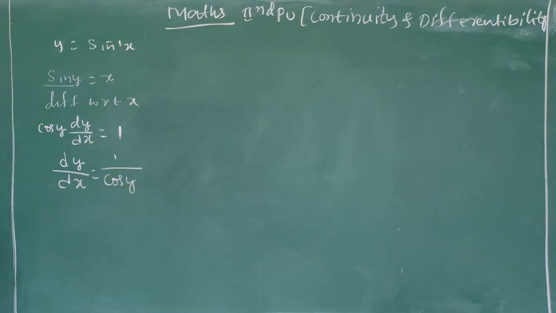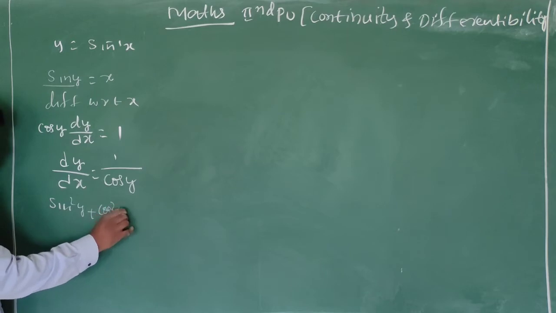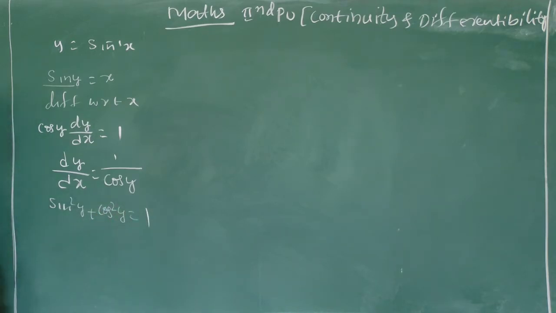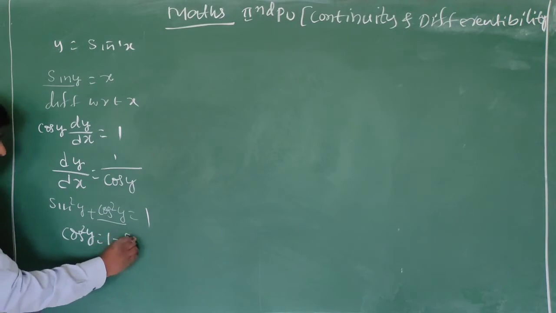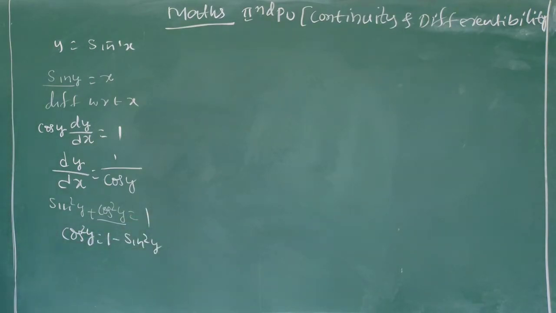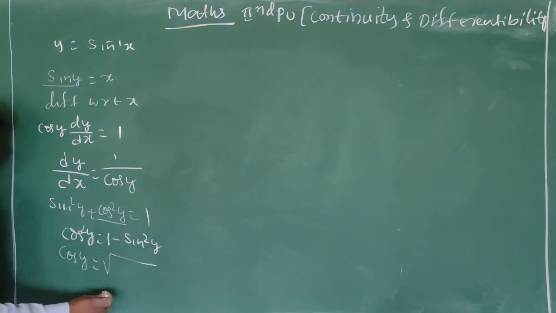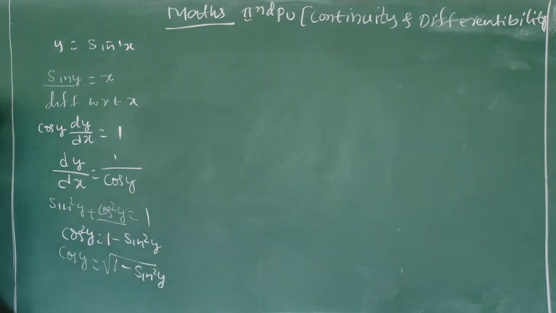We know the identity sin square y plus cos square y equals 1. So now we want cos square y. Cos square y equals 1 minus sin square y. Cos y equals square root of 1 minus sin square y.